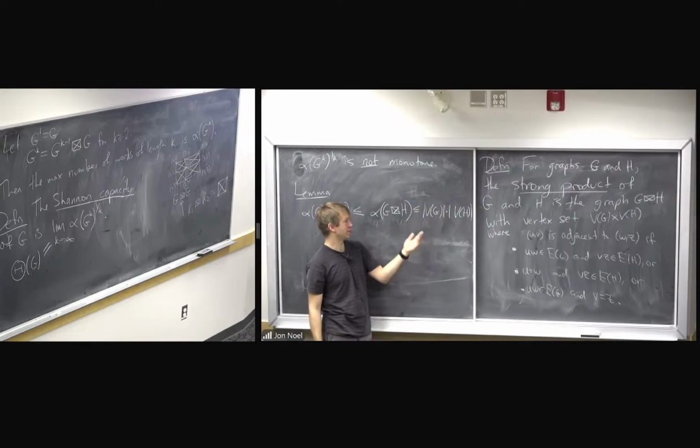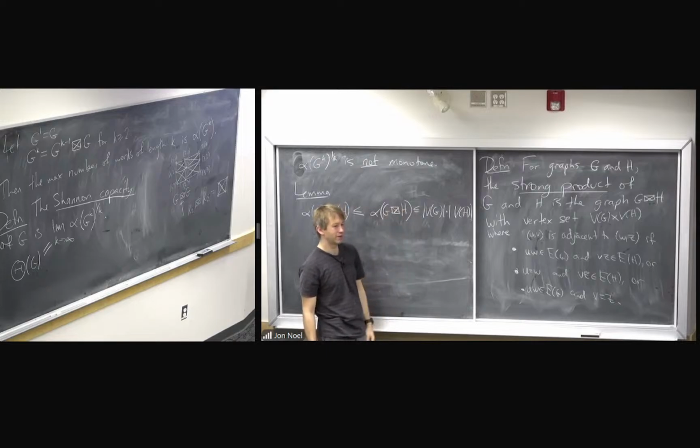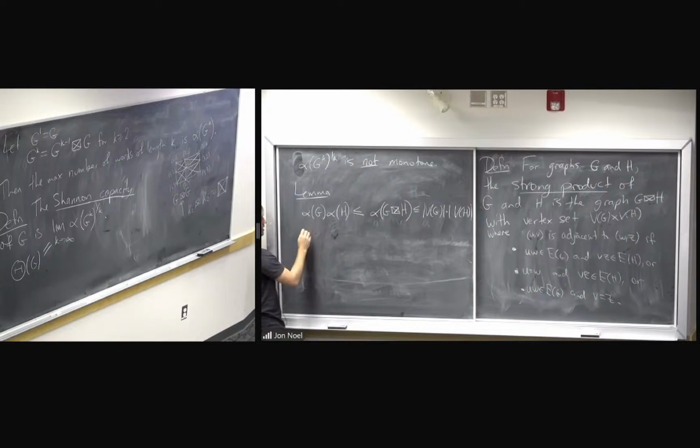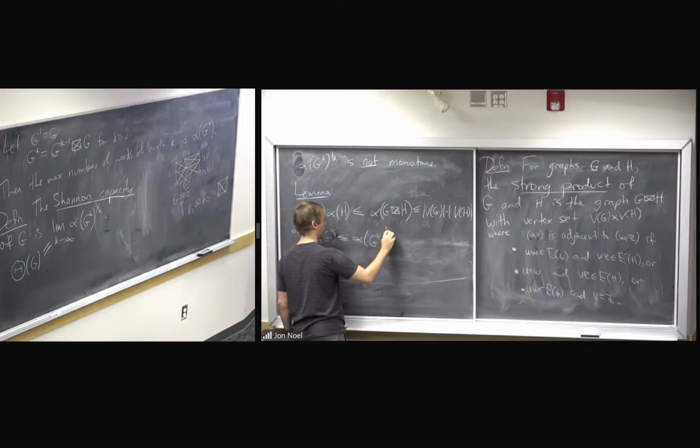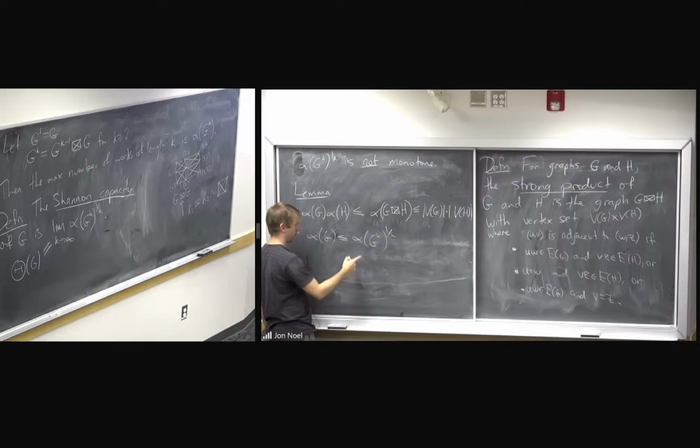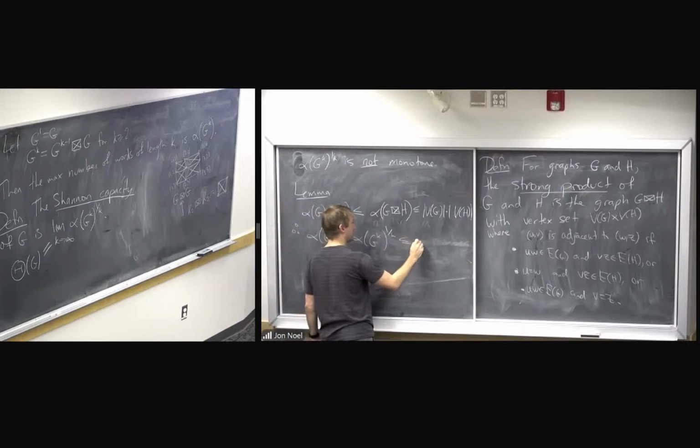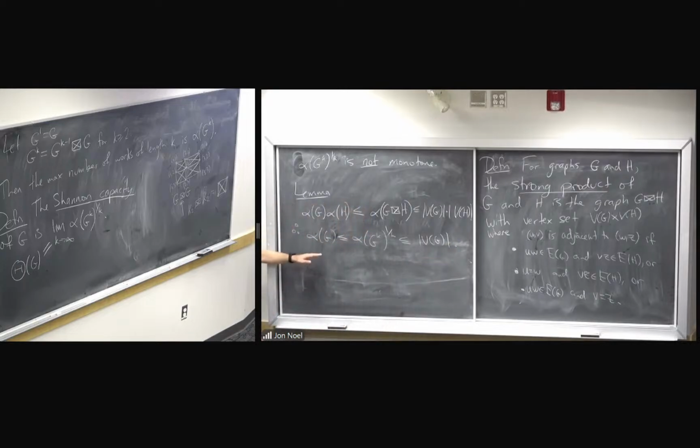That's just how many vertices this thing has. That's one little thing on your assignment that shouldn't be hard. But what this tells you, as a corollary, is that this should be at least this, and that should be at most the number of vertices of G. So this thing is bounded, but it's not monotone.